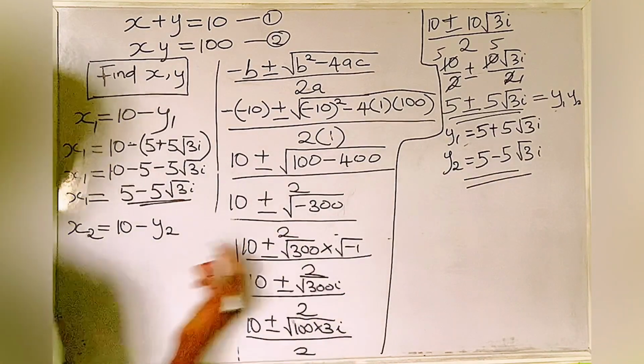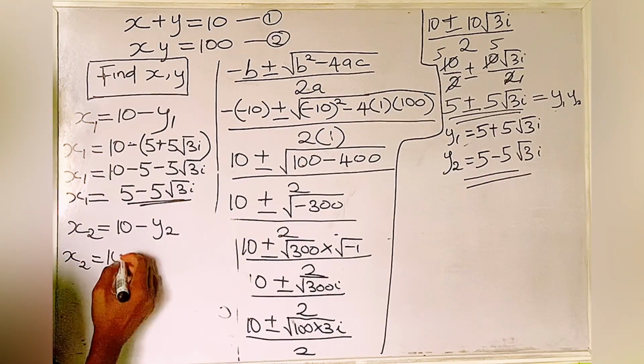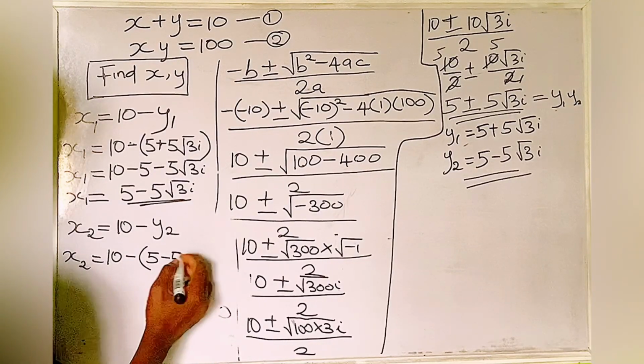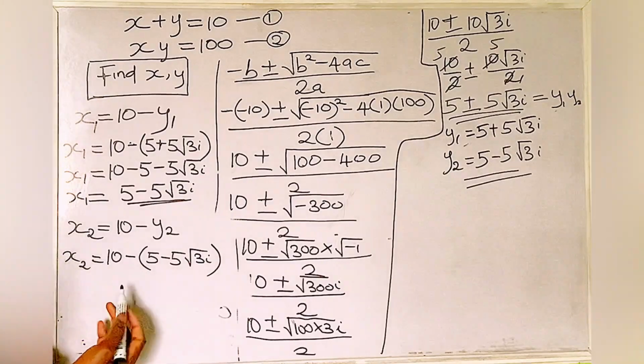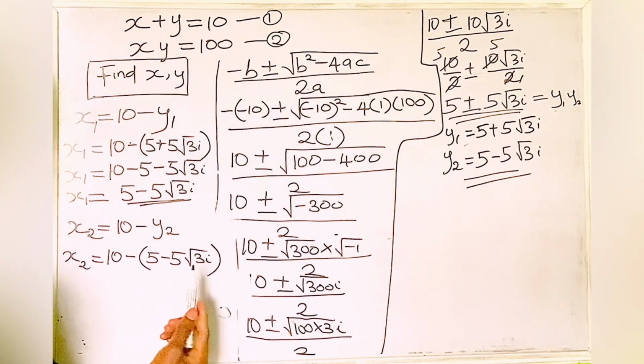And our y2 is 5 minus 5 root 3i, so we have 10 minus the quantity 5 minus 5 root 3i. Like I said earlier, the negative here would affect everything in this bracket.